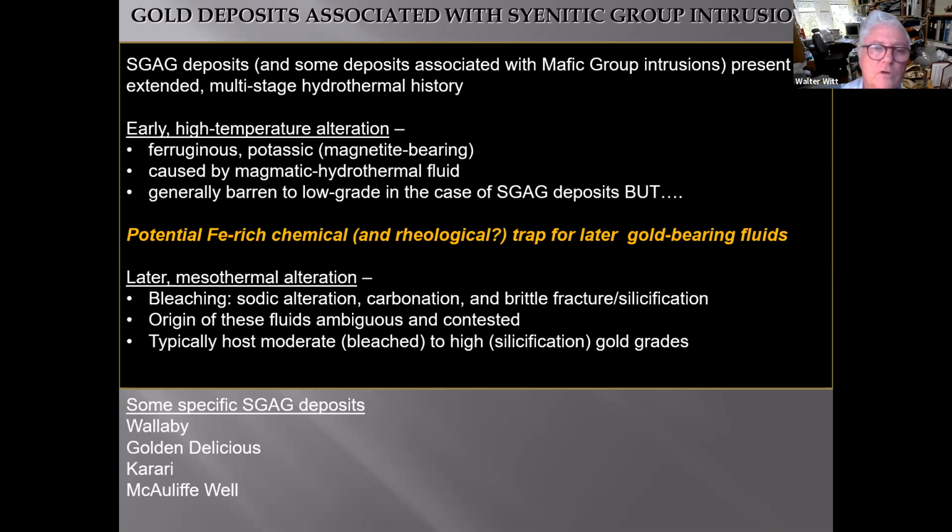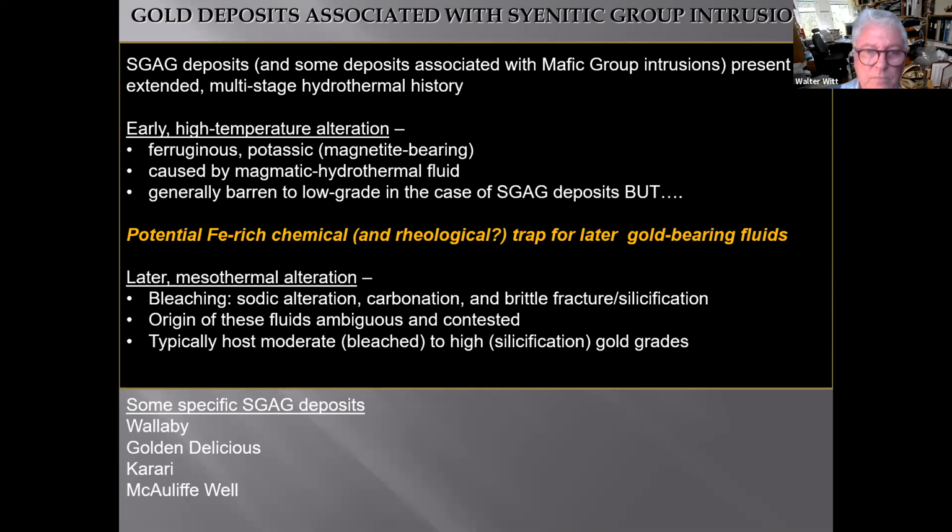The later mesothermal alteration, the bleaching and the silicification are associated with faults and brittle fracture arrays, and the origin of these is ambiguous or contested, but typically these host the moderate to high grade gold grades in the SGEG deposits.